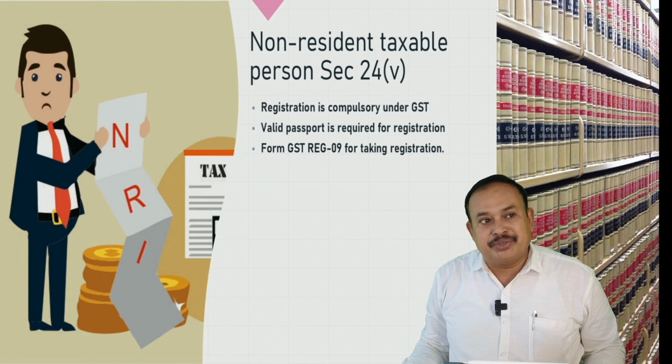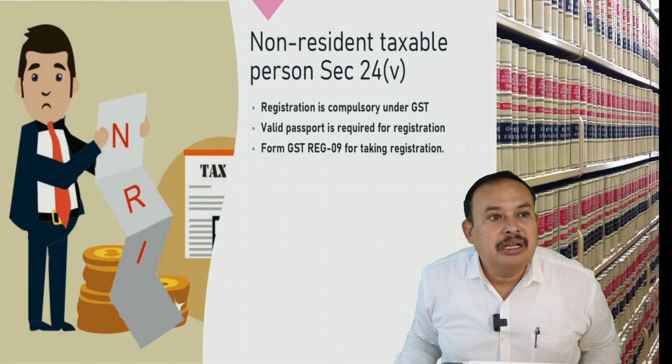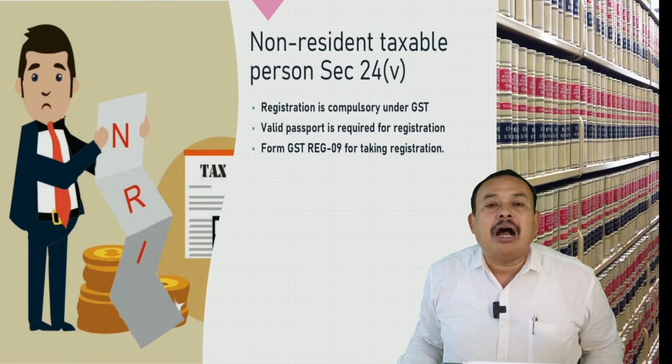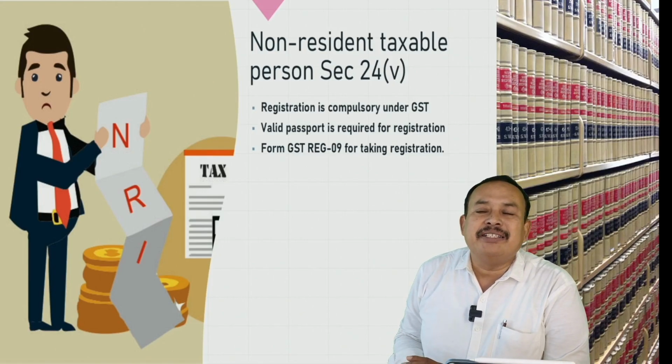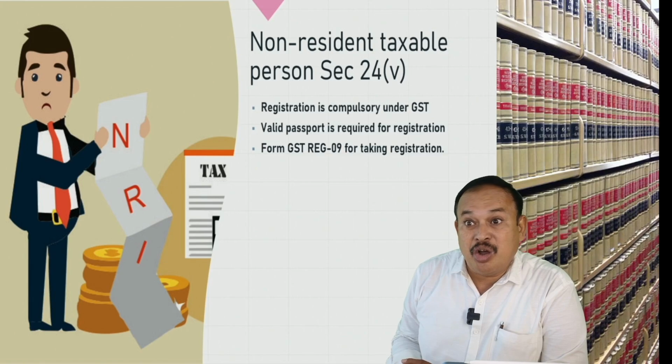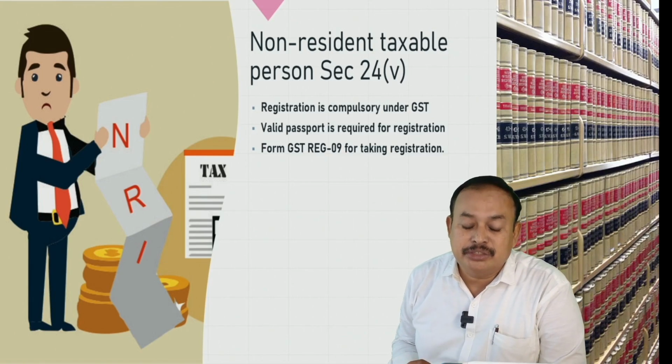Identify the difference for all taxpayers, including CTP. CTP means casual person. Application for registration, general normal registration, REG-01. For NRTP, the application for registration is Form GST REG-09.